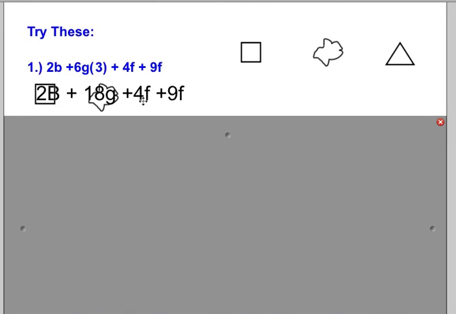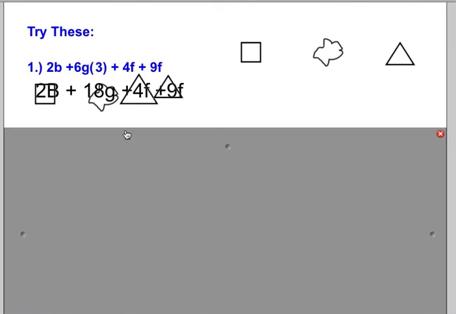And I have yet again another variable that's f, so that's not a like term. So I'm going to take my 4f, and remember I want to hold the plus sign with it. And next I have 9f again in my triangle.